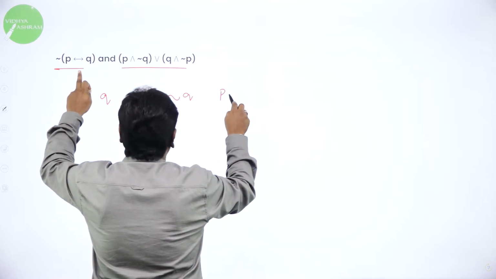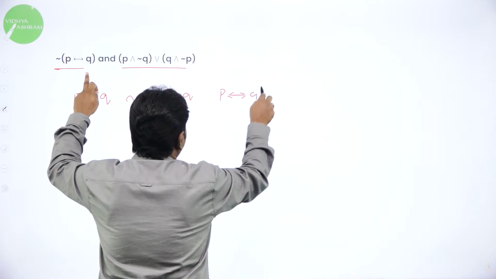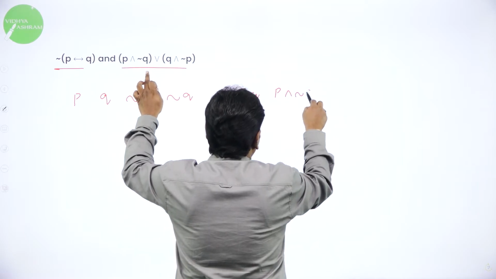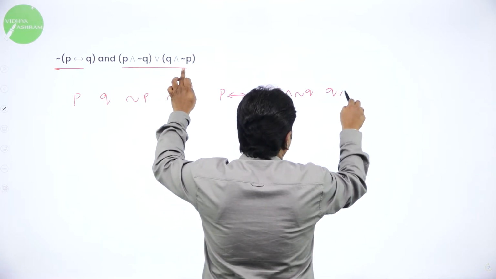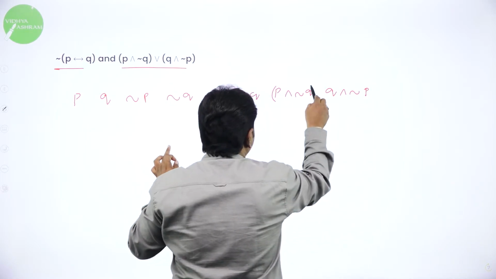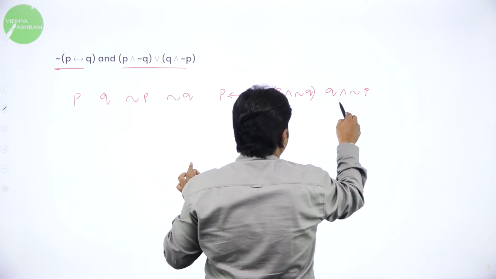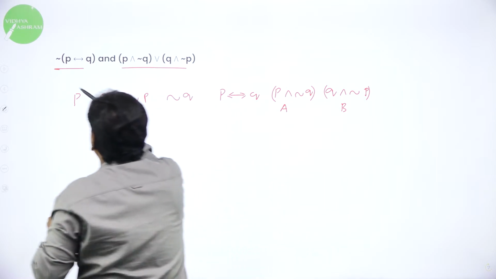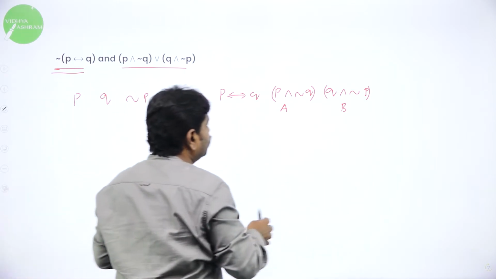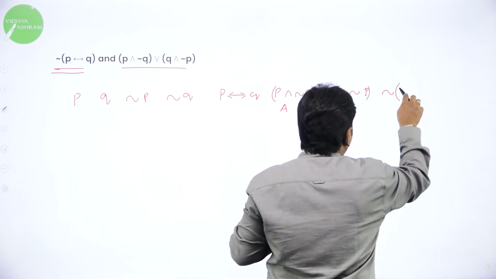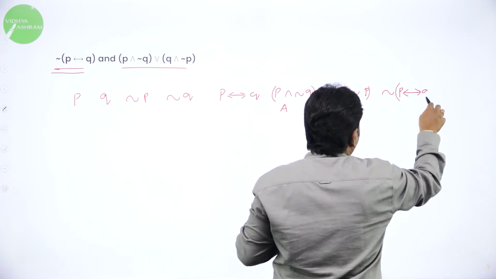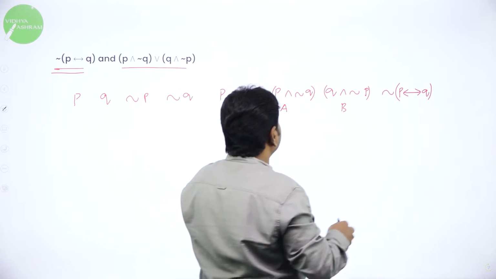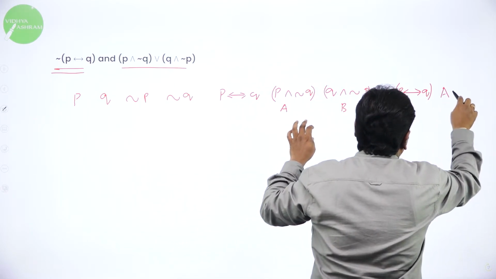One is P biconditional Q, and we have the other components P and not Q, and Q and not P. P and not Q I will call A, and Q and not P I call B. The first compound proposition is negation of P biconditional Q. The second compound proposition is this or this, so I will do A or B.